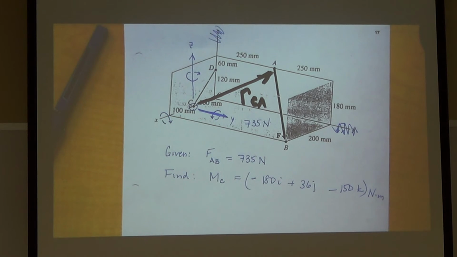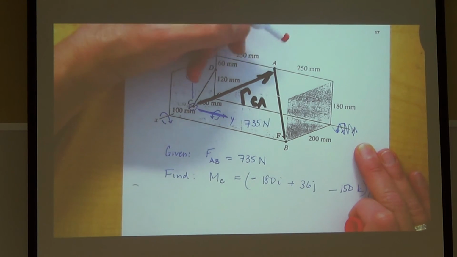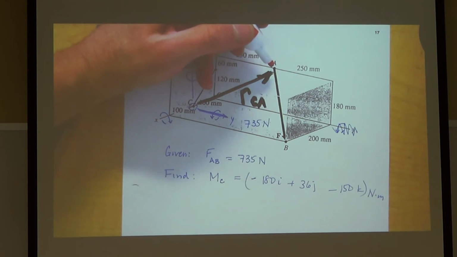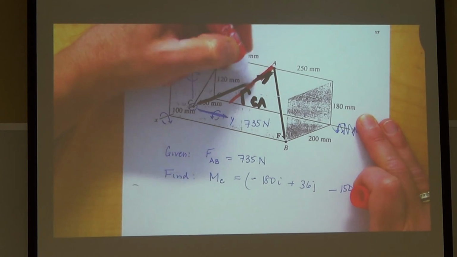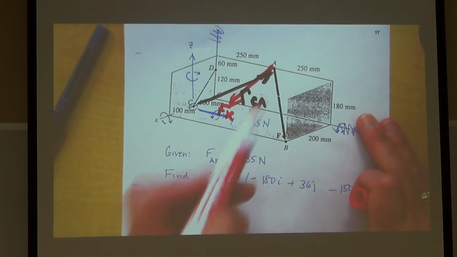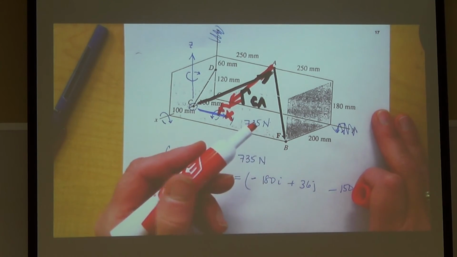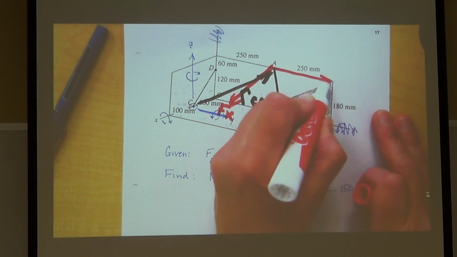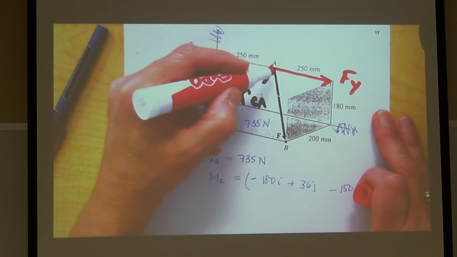In order to do the right-hand rule, visually, I need to see what's going on. So the force is going from A to B. At A, is the force going in the positive or the negative x? It's in the positive x. Force x, it's positive. Going from A to B, is it in the positive or the negative y? Positive. Here's Fy. And how about in the z? Positive or negative? Negative.